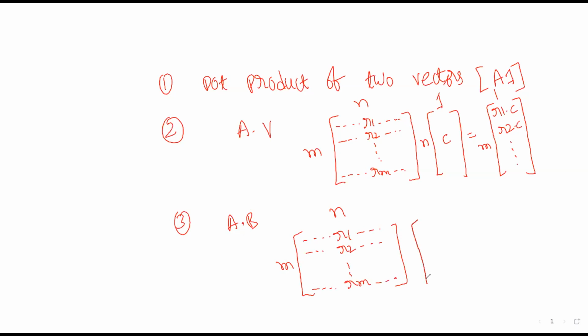And the second matrix, let's say there are O columns, so N by O.